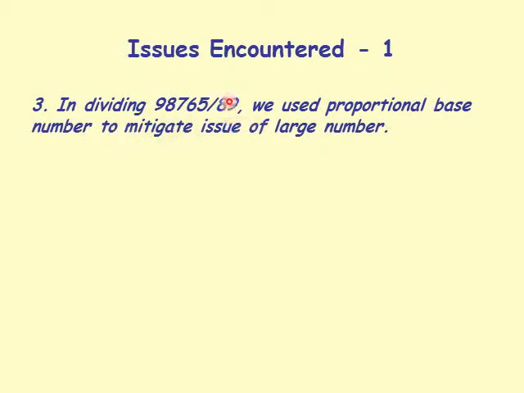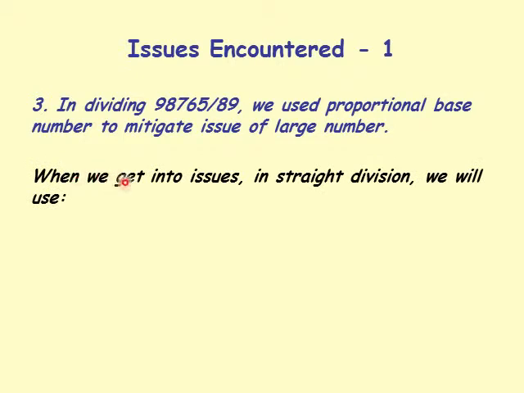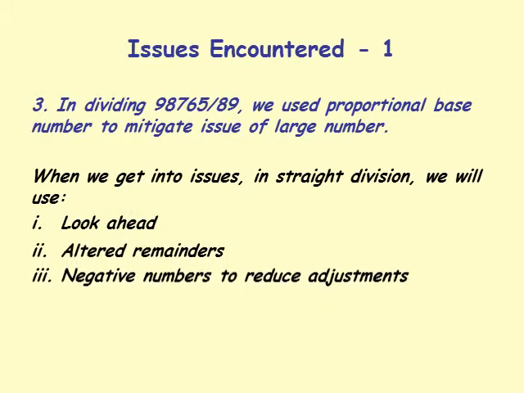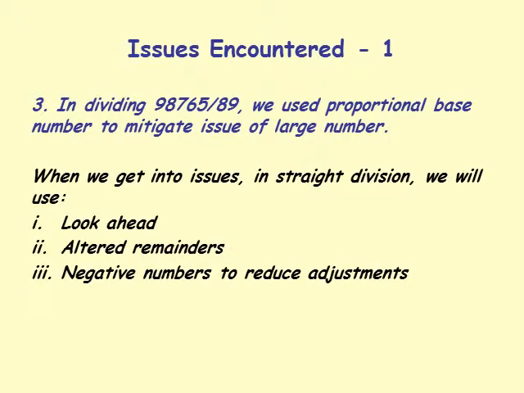Instead of using 100 as a base, we used 90 as a base, which was 9 times 10. When we run into such issues in straight division, we will use look ahead, altered remainders, and negative numbers, all the mechanisms we learned so far, to reduce them.